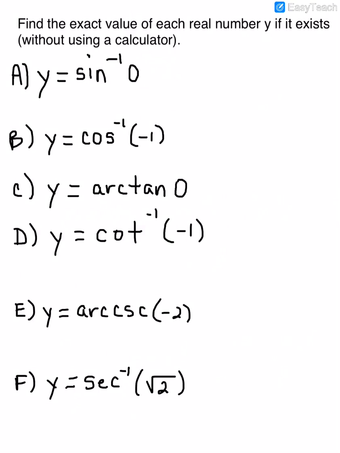So the angle whose sine is 0 would be 0 radians. The angle whose cosine, or cosine inverse of -1, would be pi. The arctangent, or the angle whose tangent is 0, would be 0.